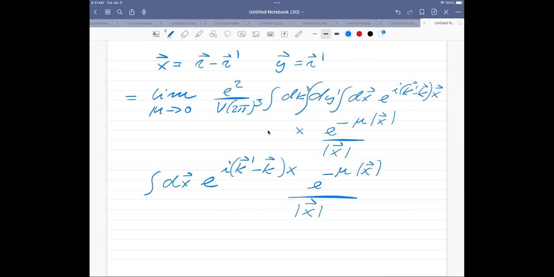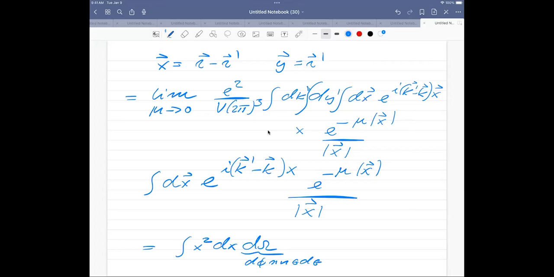When I open it up and rewrite it in terms of the solid volume, I can write it as x squared dx, and then the solid angle dΩ, which is given by sin θ dθ dφ. Just remember that this gives us dφ sin θ dθ.